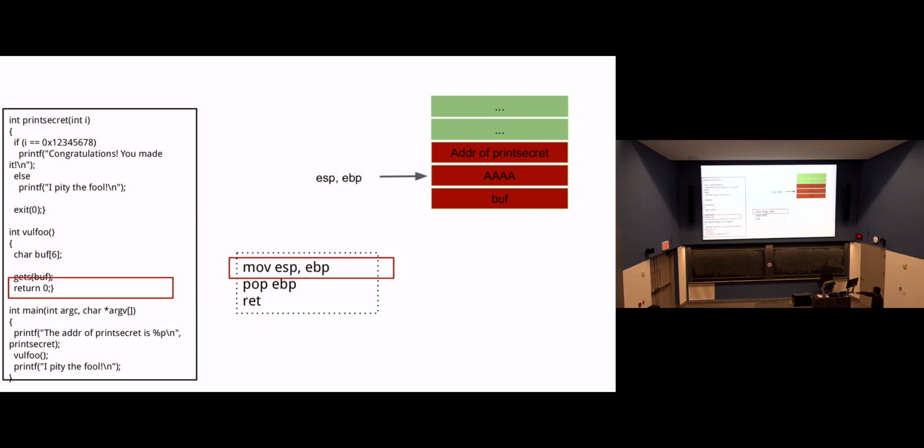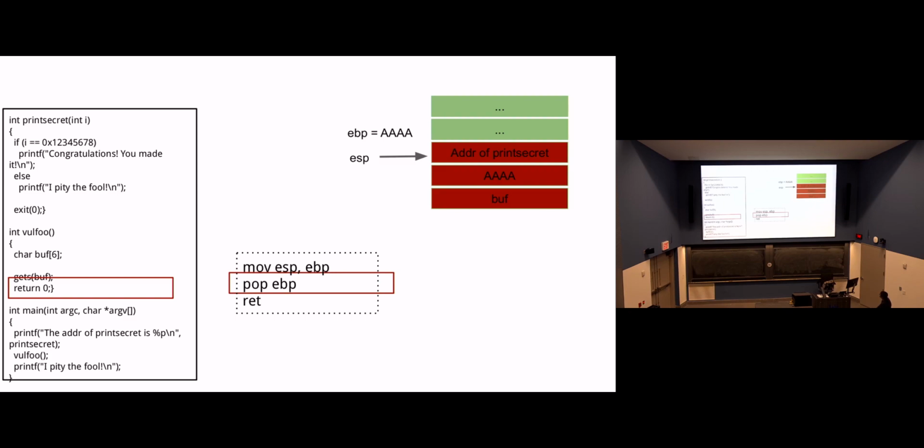So now we return. Let's do this step by step. First, we are going to move EBP to ESP, so both of them point to here. Then we are going to pop EBP.